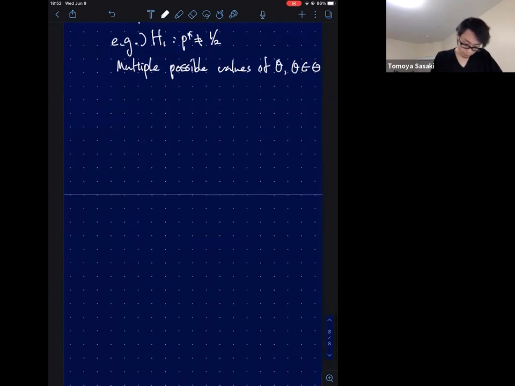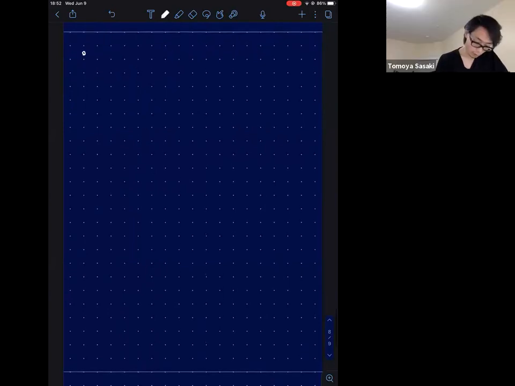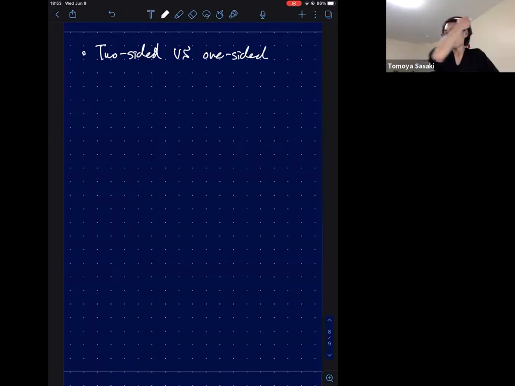Okay, so let's next go to another, I think very important concept, which is two-sided versus one-sided. Let's give an example again. Can someone give me an example of two-sided hypothesis testing?